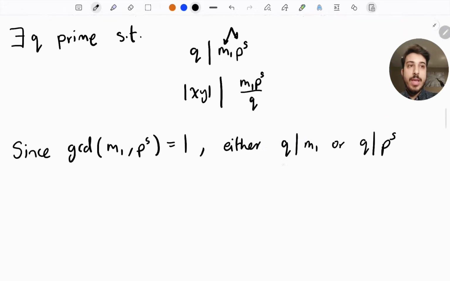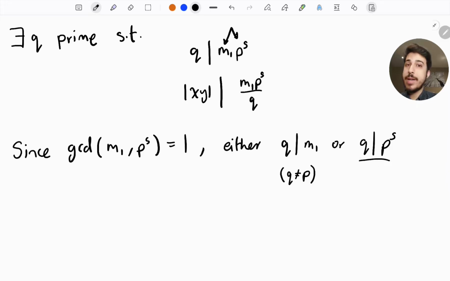So if q divides m1, that means necessarily q is not equal to p, because m1 does not contain p in its prime factorization.